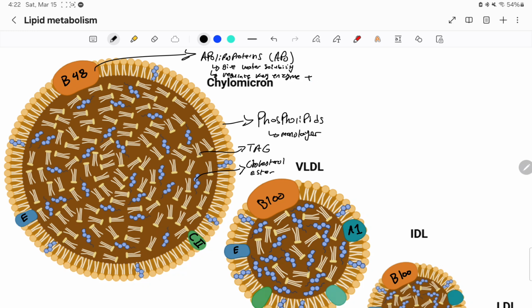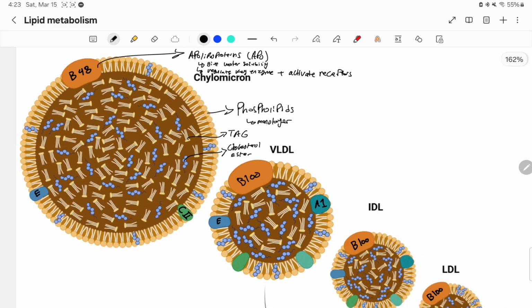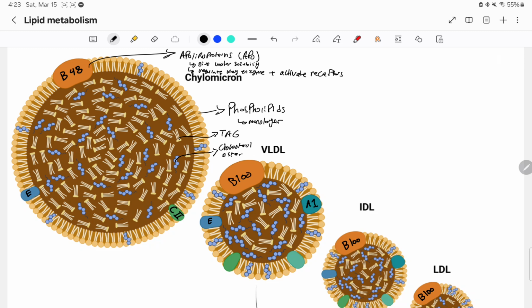Plus they activate specific receptors, so they act like ligands for their receptor. That's pretty cool for these apoproteins to do. Knowing a little bit about this is going to help you a lot. And keep in mind, we're going to talk about different apoproteins, okay?